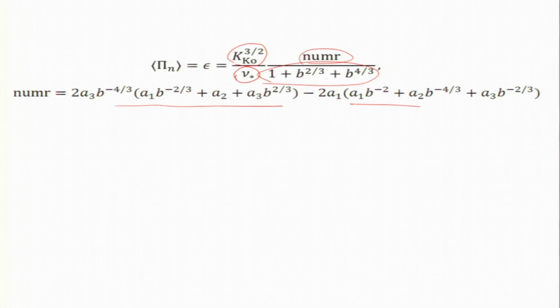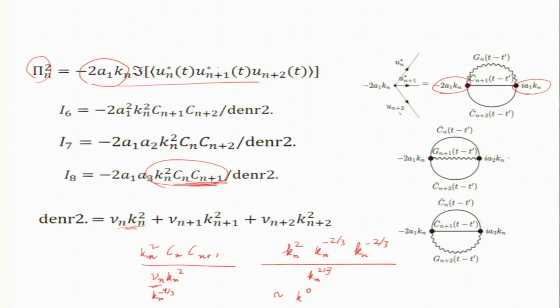Okay, now let us go back again. The two correlation functions, the two spectra, will give you k Kolmogorov squared, right, and this viscosity nu n will give you nu star times square root of k Kolmogorov. There is a prefactor.